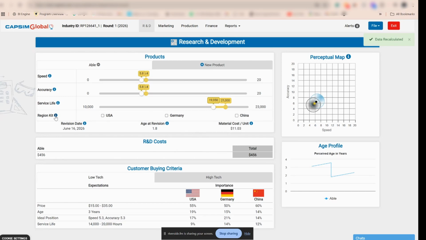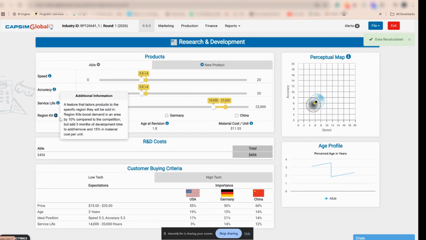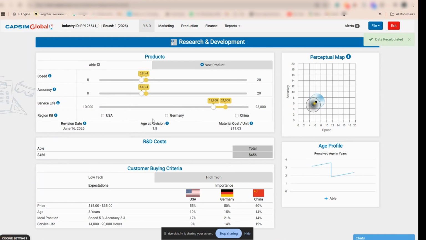Now, regional kits. The advantage of a regional kit is it gives you a 10% boost for every region, but it adds 3 months to the delivery of this new product. So if I click on US, it jumps from June to September. And if I add Germany, it jumps to December and also increases the age.